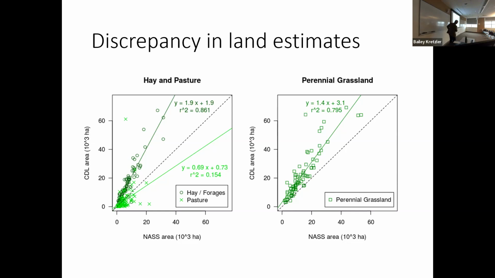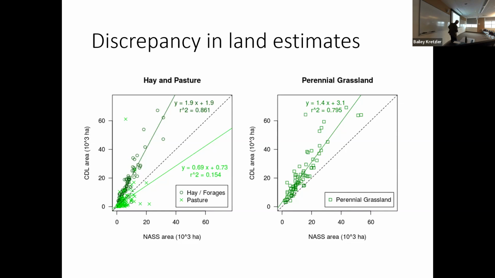The one-to-one line is shown here with the dotted line, the dark line is hay and forages, and CDL says there's more land in those land cover types than does the census. The census says there's more land in pasture than does CDL. So each is wrong in a different way. We decided that it wasn't worth distinguishing between the two, so we made an aggregate category, and that's closer to the one-to-one line.